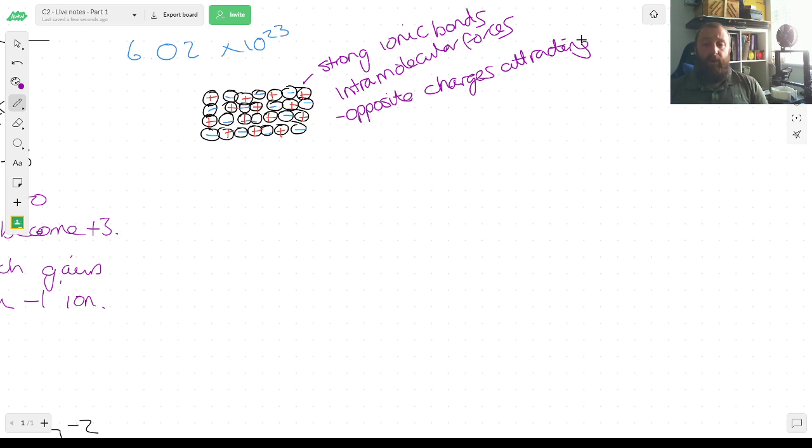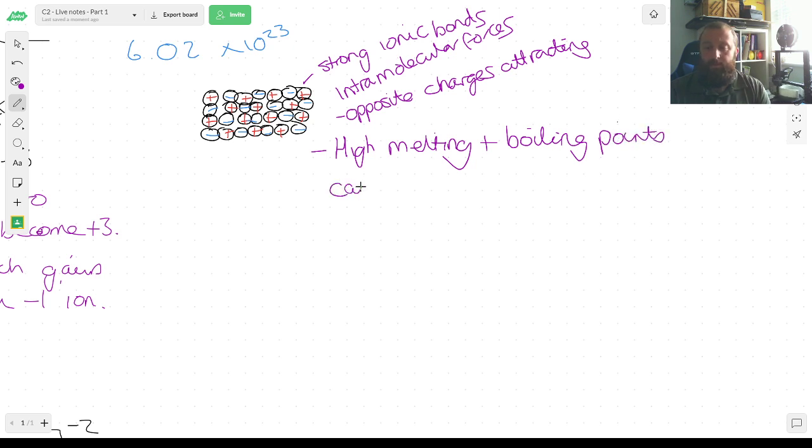In order to melt these, we've got to give the particles enough energy to break those forces between them. So we're going to end up with high melting and boiling points, because we've got strong forces, which means lots of energy needed to break them.